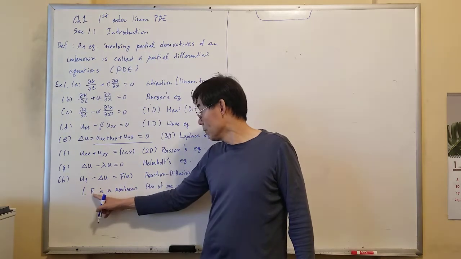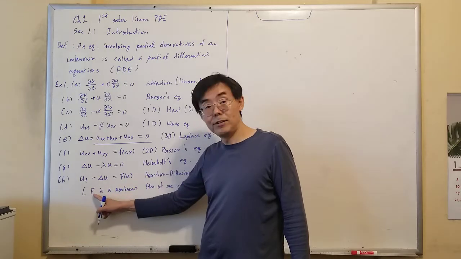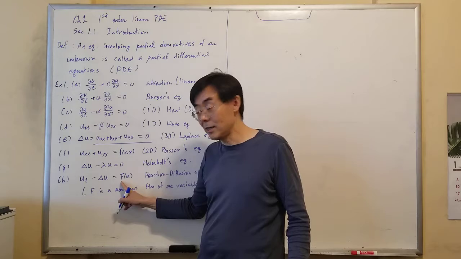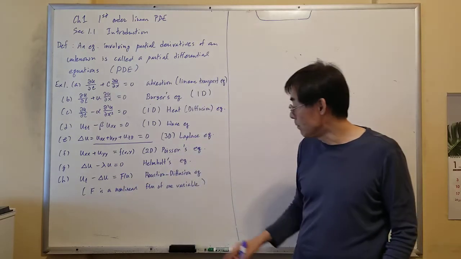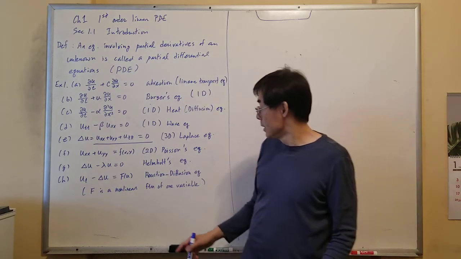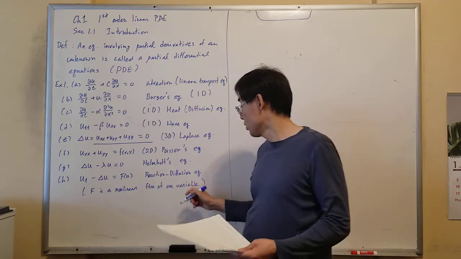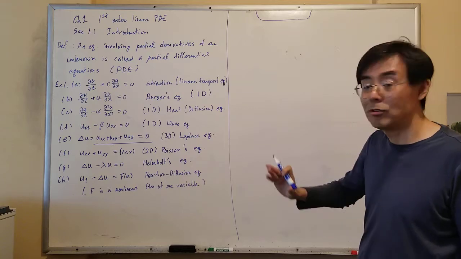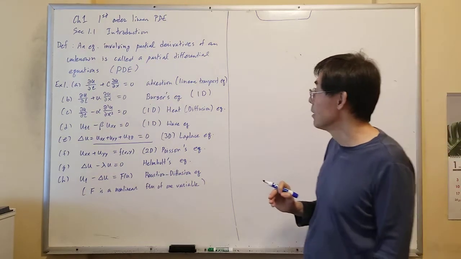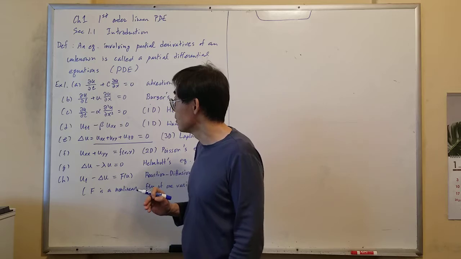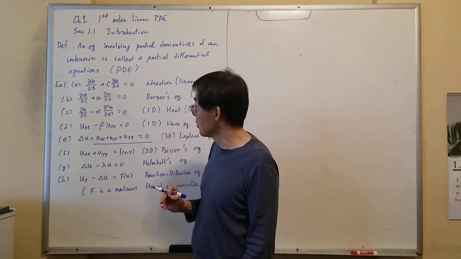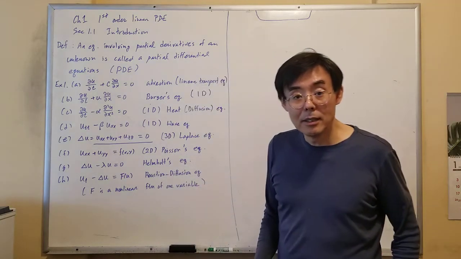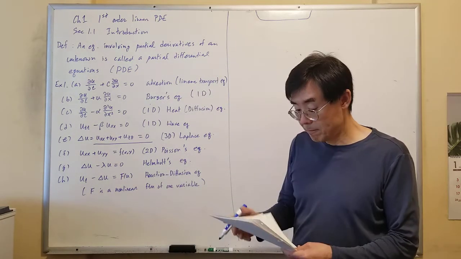If f is sine, then f of z equals sine of z, and f of u means sine of u, some nonlinear function of one variable. Then we call it reaction diffusion equation. There are hundreds of partial differential equations used in applications, but these are some of the famous examples.